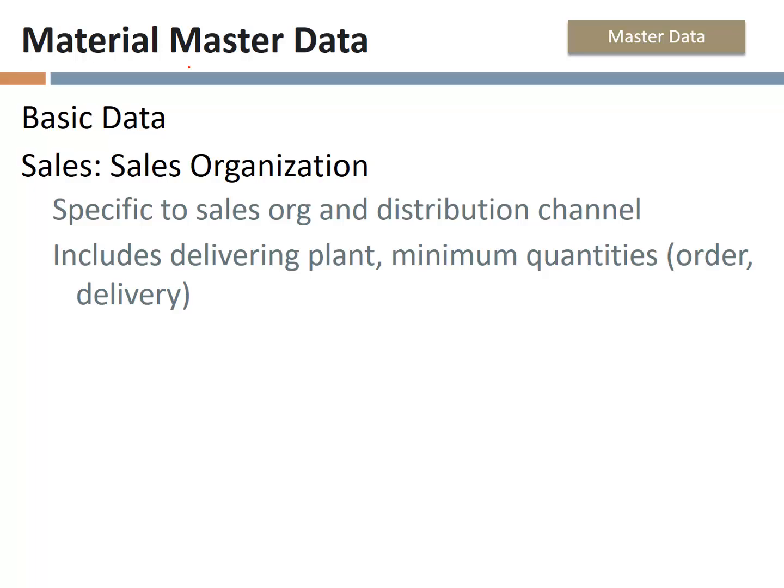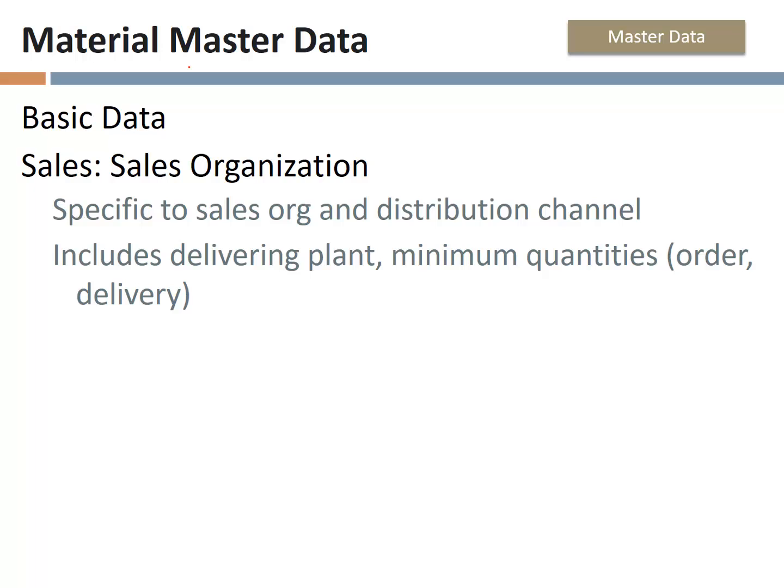This is specific to not only the sales organization, but a given distribution channel. So you can kind of think of this as being very closely related to several of the elements in the sales area. This is going to include things like the delivering plant, things like minimum quantities.